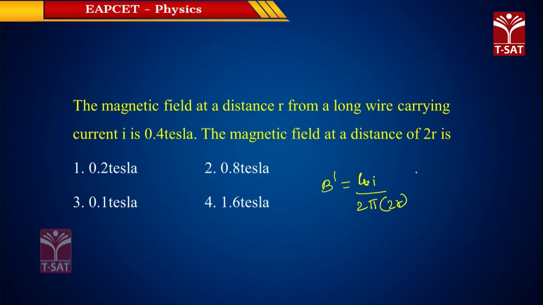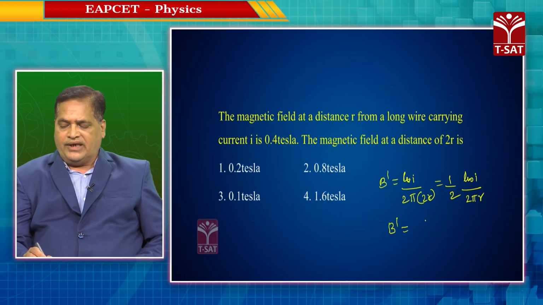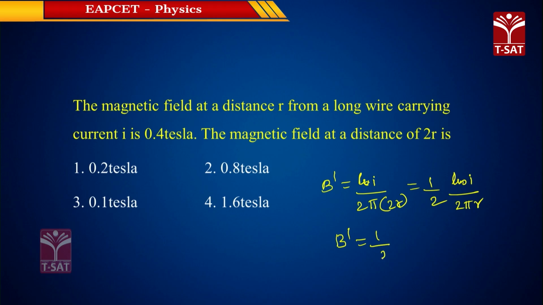Okay. Therefore, shall I take 1 by 2 as common? 1 by 2 is common, that is mu 0 I by 2 pi R. Therefore, B dash, the new magnetic field, what is that? 1 by 2 into mu 0 I by 2 pi R, mu 0 I by 2 pi R is there, na?